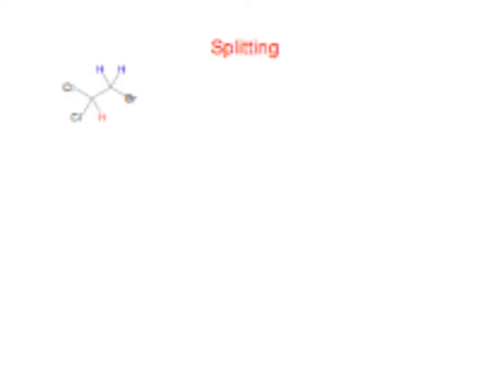Okay, so in this case, let's say we're going to observe this proton here. Here's our proton, let's just say it's over here. And there are two protons next door. And if this is in energy, we can either have those two blue ones both aligned like this.